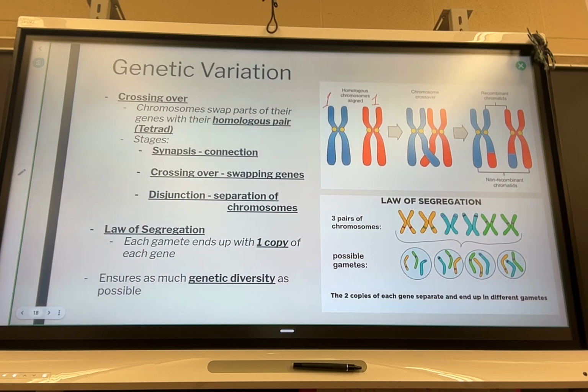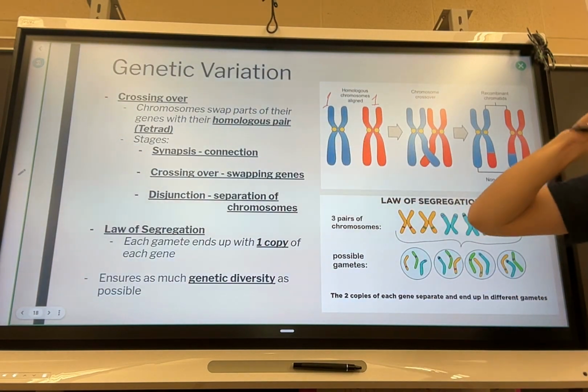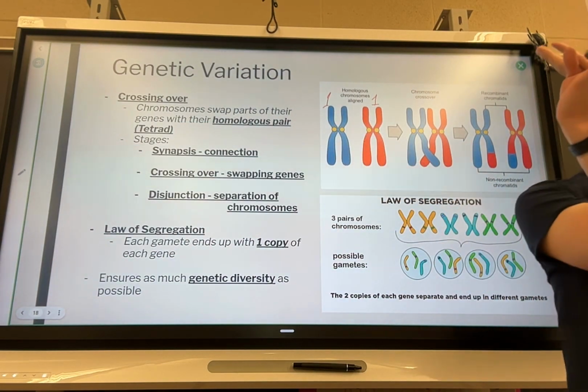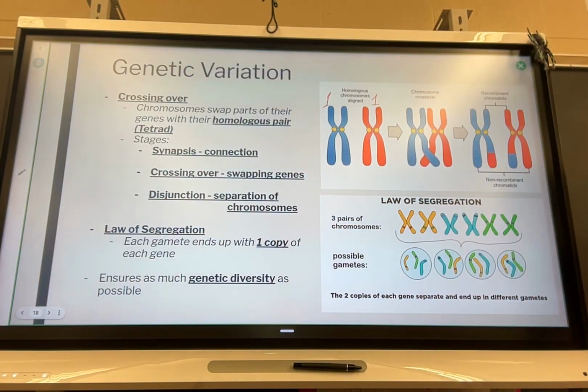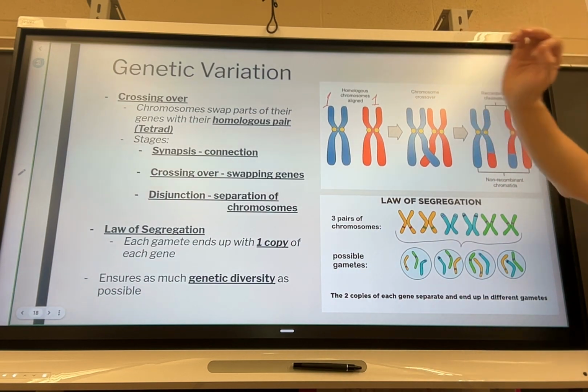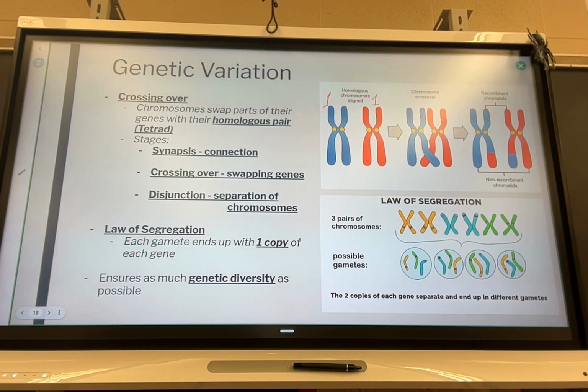Tetra is 4. So 4 chromosomes. They're going to start with synapsis. They're going to wrap around each other. And then they are going to cross over. This crossing over is when they pull apart and swap genes from one chromosome to the other. So they are literally going to share parts.